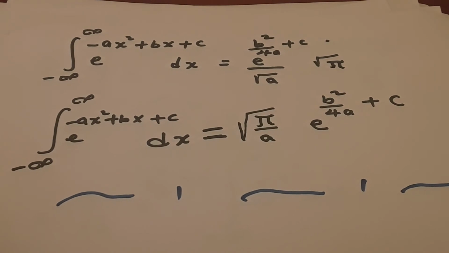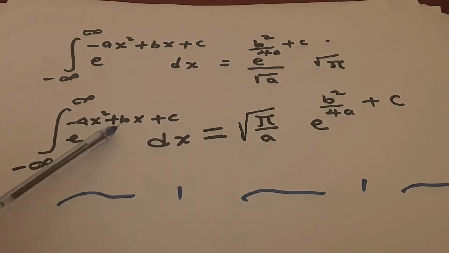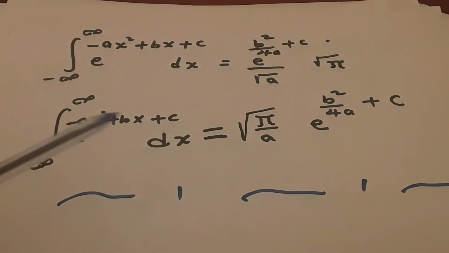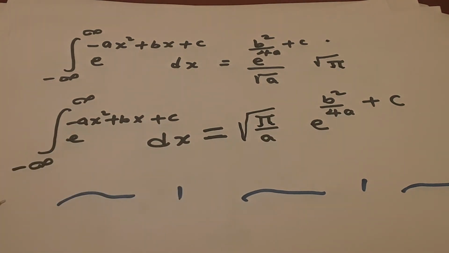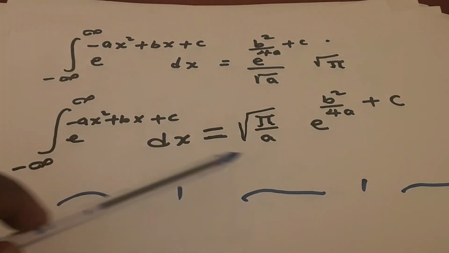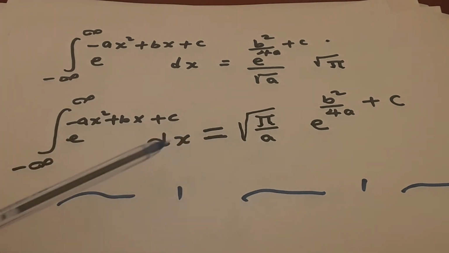If this is the general form, we can specifically obtain the integration of e raised minus x squared plus 2x plus 1 by just plugging into the formula that we have already obtained. That is pretty easy to understand. Whichever you plug in, the formula gives the solution.